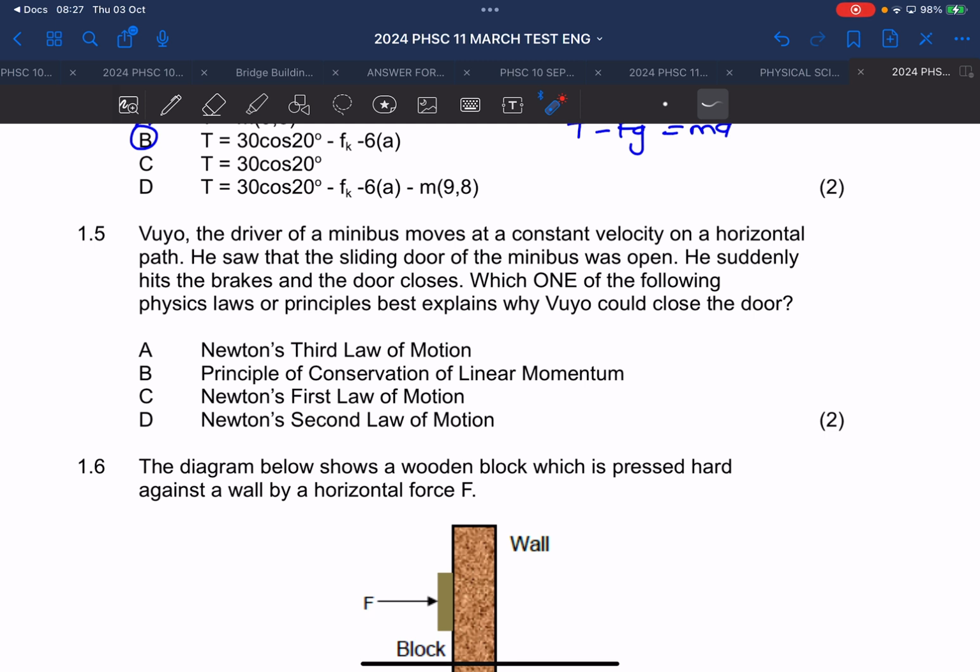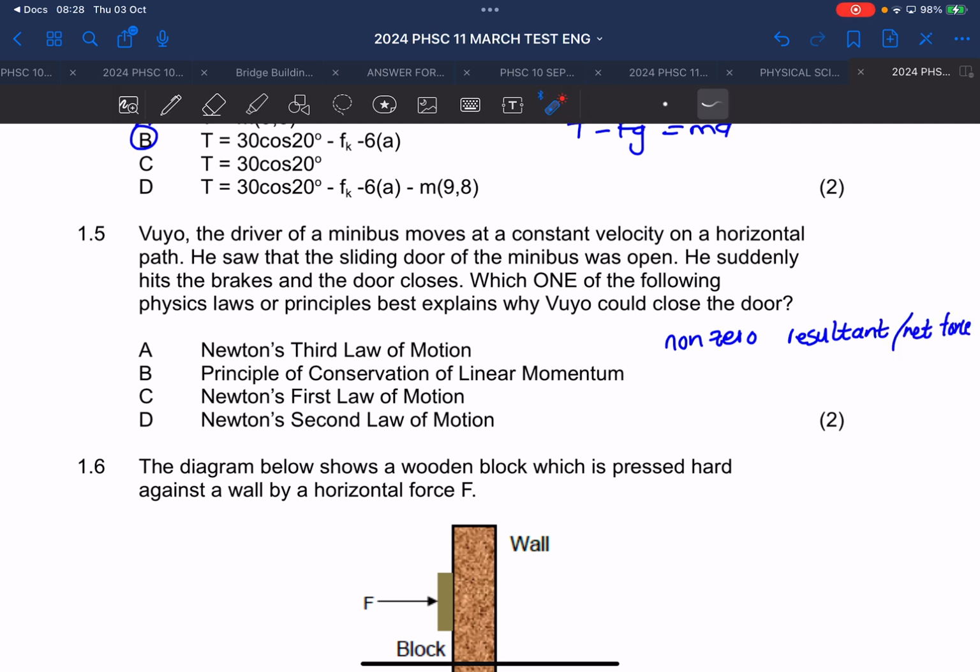Say again? What is a net force? No, then it's wrong. It needs to be non-zero net force. Look at past papers, it will say non-zero. They say non-zero resultant or net force.